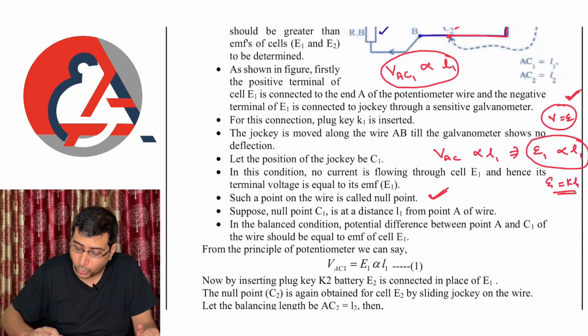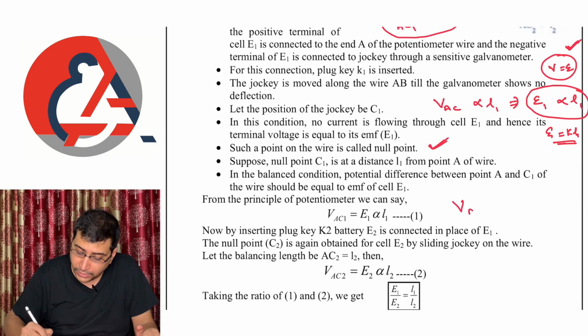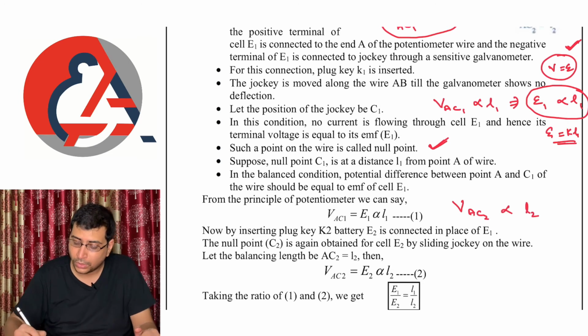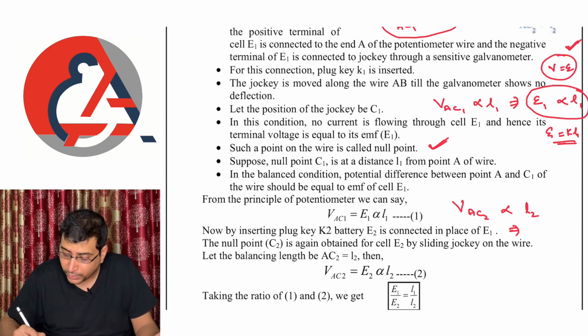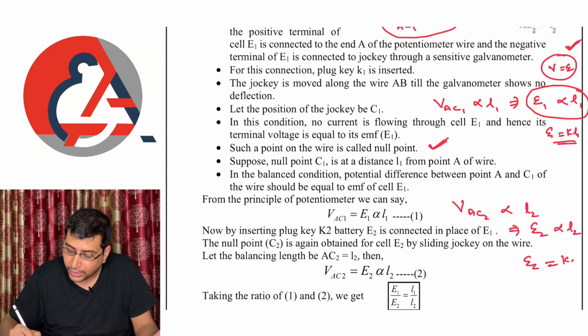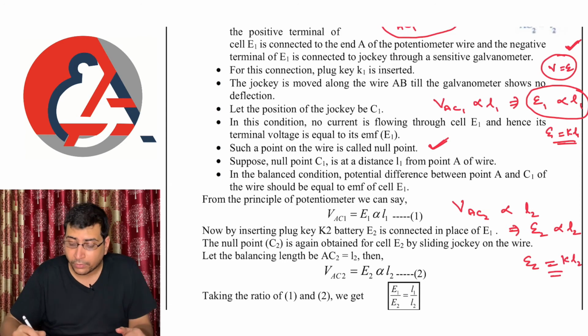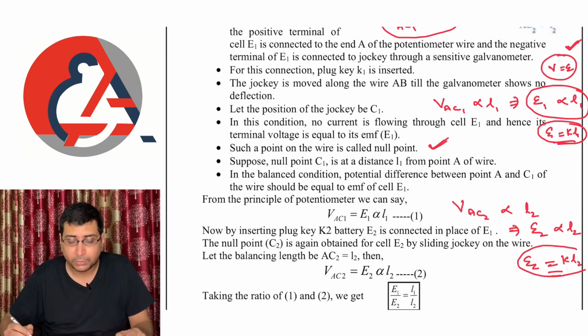Then we can conclude that V_AC2 is directly proportional to L2. The similar condition is going to happen. It is again going to be an open condition. From this we can conclude that E2 is directly proportional to L2, or E2 is equal to K times L2. So observe, we have two data in our hand. That is, E1 is equal to K times L1 and E2 is equal to K times L2.